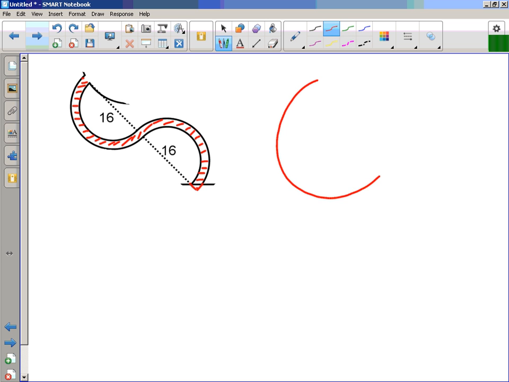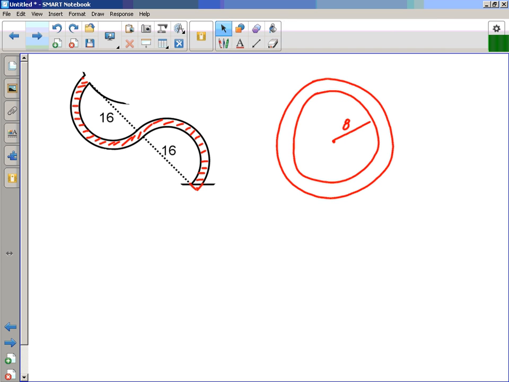Really what this ends up being, if I put them together, is once again a ring. And I've got a ring that has an interior diameter of 16, which means that its radius is once again 8. Now, the hard question is, what is that ring's width?